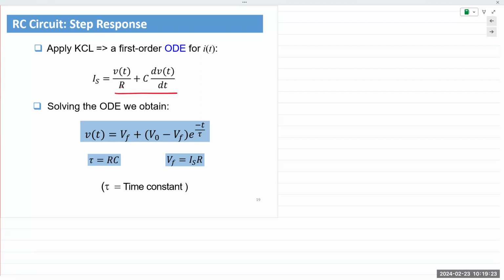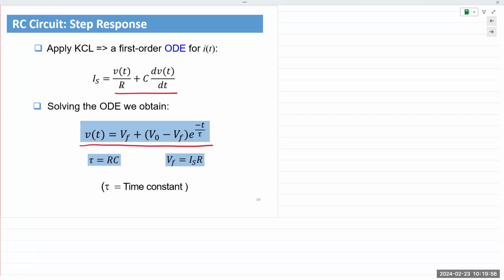Once you solve that differential equation, you obtain a solution that is exactly the same as the one we saw previously for RL circuits. So for the inductor or for the capacitor, the form is the same. Initial voltage for a capacitor in this example could be anything, but for most cases, it's 0, completely discharged.